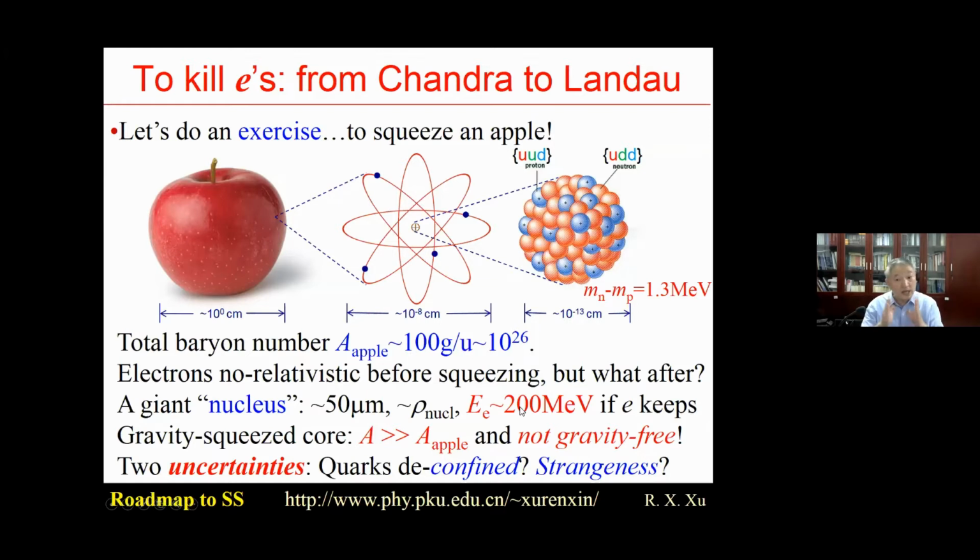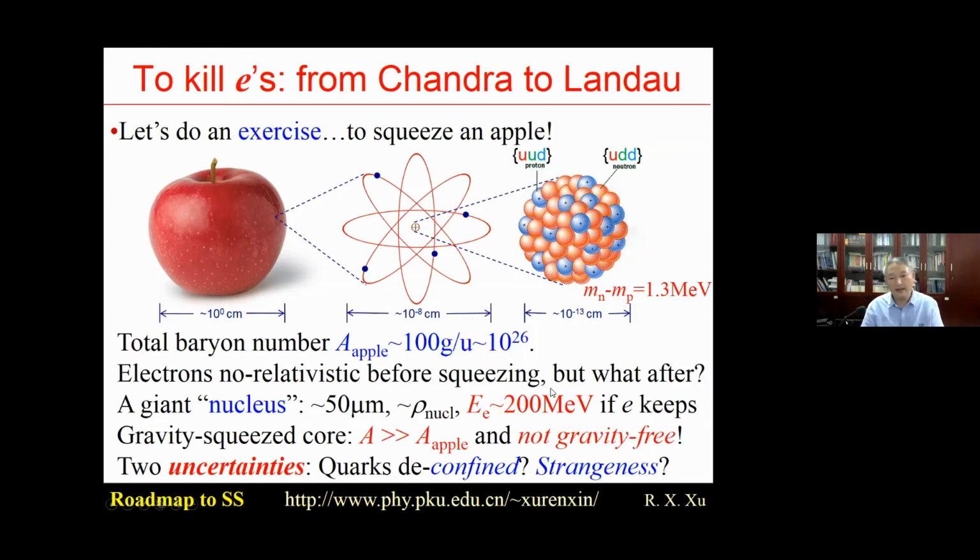This is extremely high density. You know, the mass difference between neutron and proton is about 1 MeV, so this is 2 orders higher than this difference. This fact actually motivated Landau to think about the kinetic electrons.